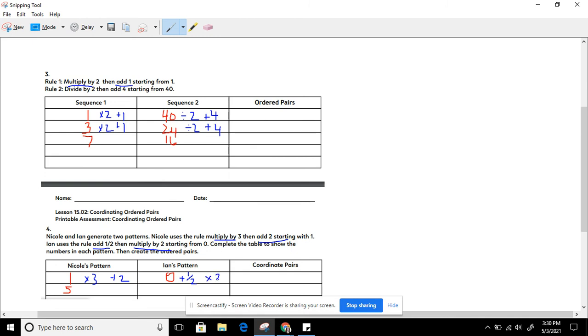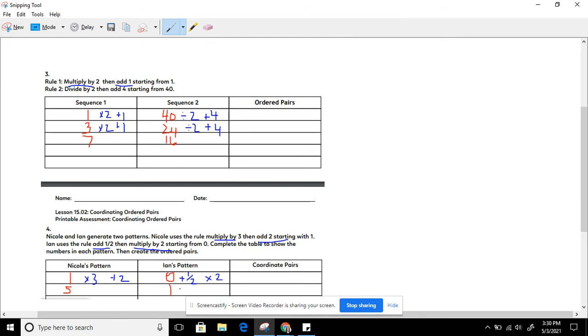Well, 0 plus 1/2 is 1/2. Anything plus 0 is that number itself. And then we're doing 1/2 times 2. Well, 1/2 times 2, really what you're doing is 2 divided by 2, which gives us the new number of 1. So 0 plus 1/2 is 1/2, and then 1/2 times 2 gets you 1.